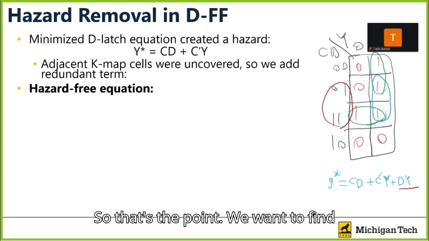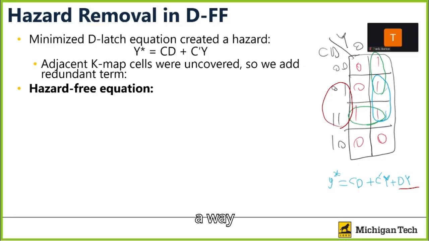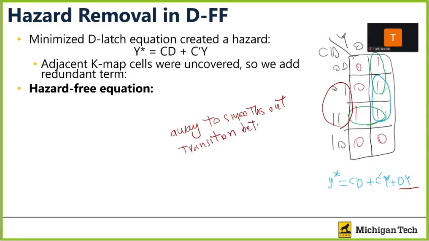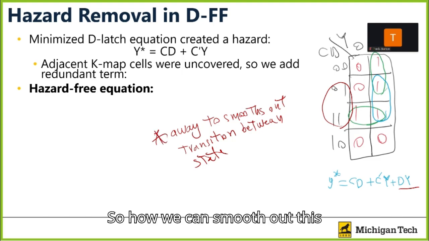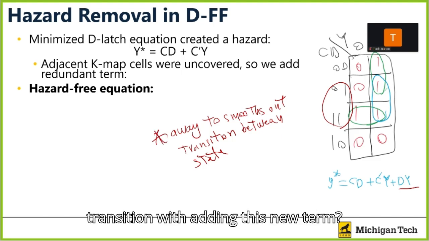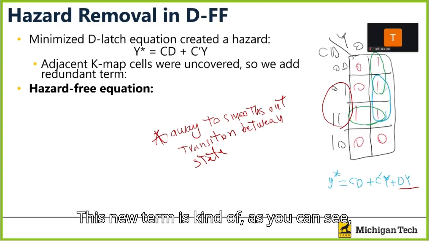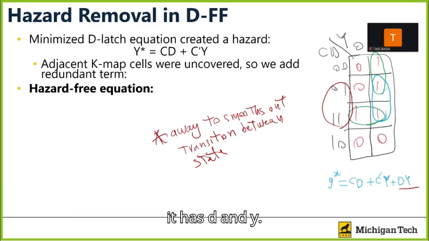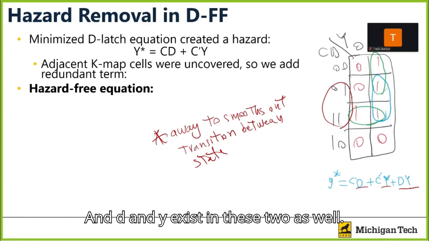That's the point. We want to find a way to smooth out the transition between states. How can we smooth out this transition by adding this new term? This new term has D and Y, and D and Y exist in these two as well.